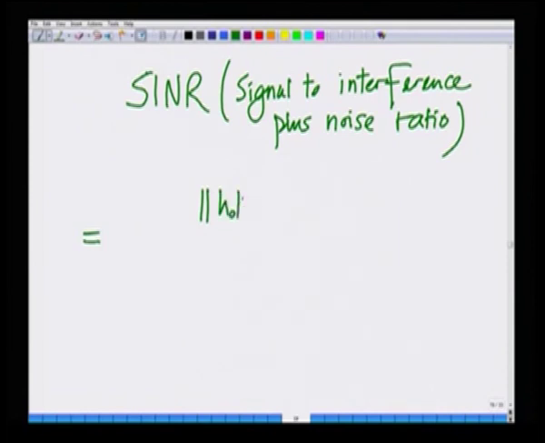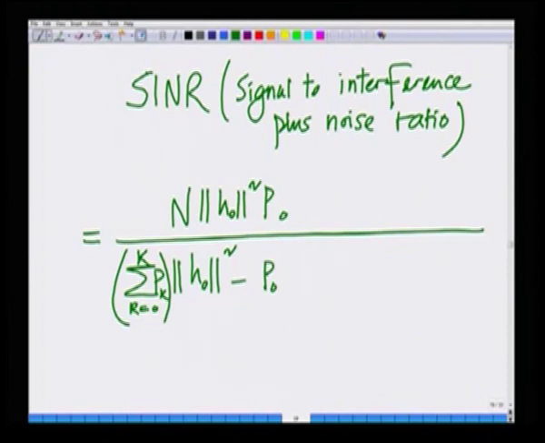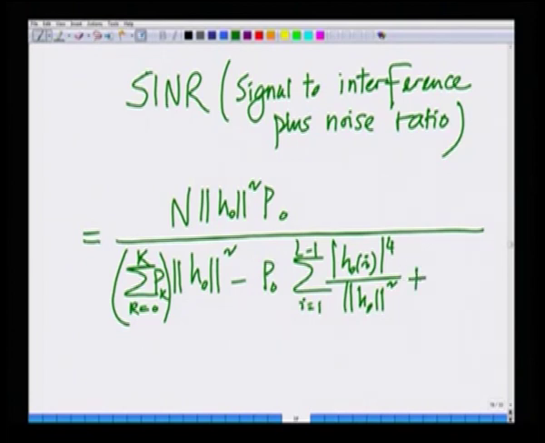norm H naught square P 0 into n, this is the spreading gain, divided by summation k equals 0 to capital K P k magnitude H naught square minus P naught summation i equals 0 to L minus 1 magnitude H naught i to the power of 4 divided by magnitude H naught square, plus sigma n square.